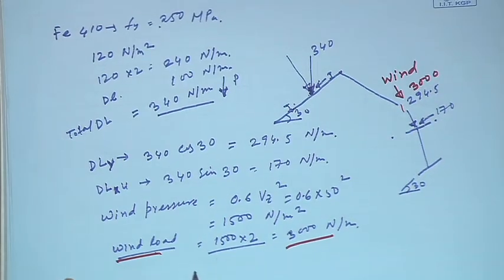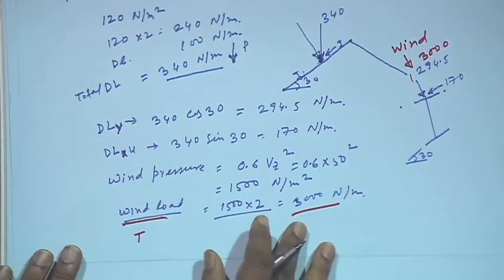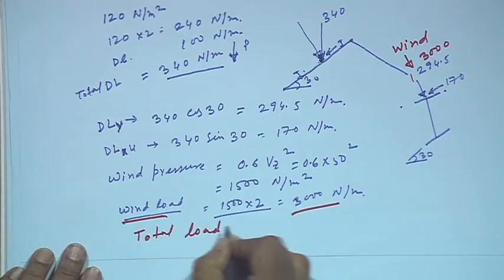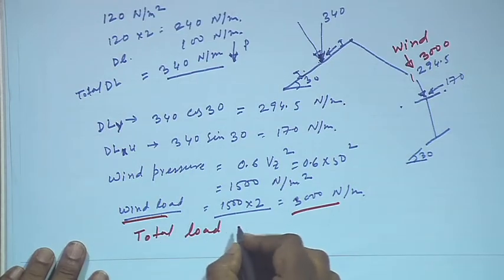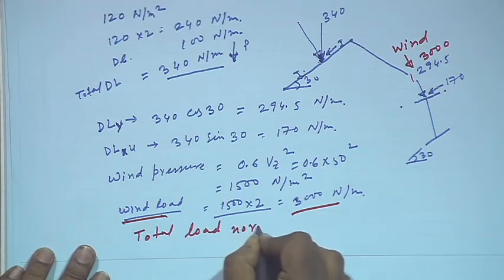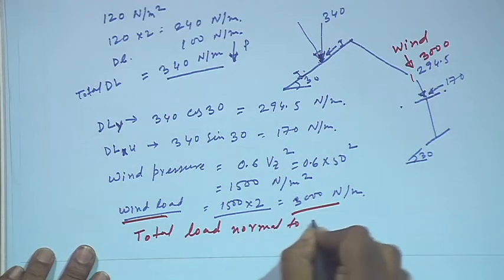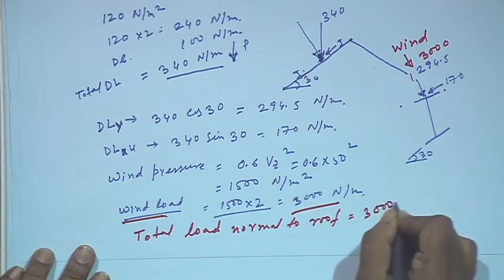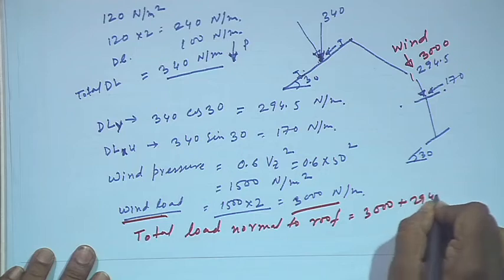So, what will the total load be? The total load on purlin normal to the roof, one is parallel to the roof, another is normal to the roof, will be 3000 plus 294.5.